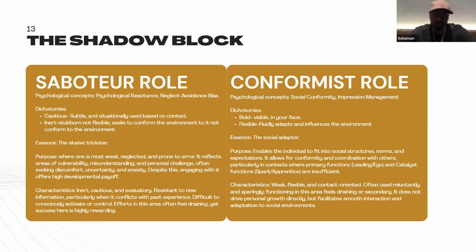The saboteur role provides the psychological concepts of psychological reactance and neglect avoidance bias. Its dichotomies are that it is cautious, subtle, situational, but also stubborn. You insist on not using it.